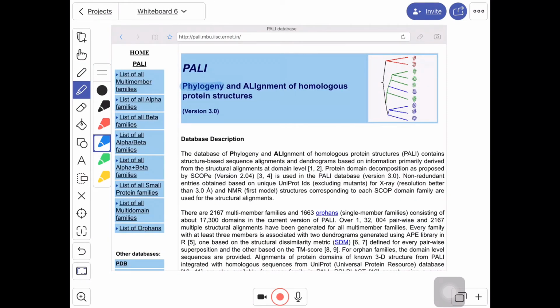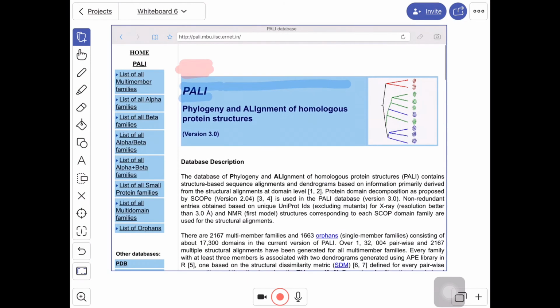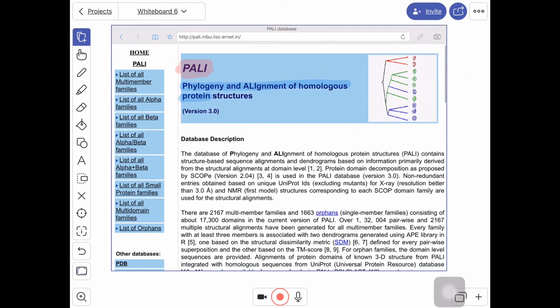Phylogenetic analysis, phylogeny, and alignment of homologous proteins: this is the PALI database. This database gives us information about the proteins and their phylogenetic, meaning their evolutionary information.